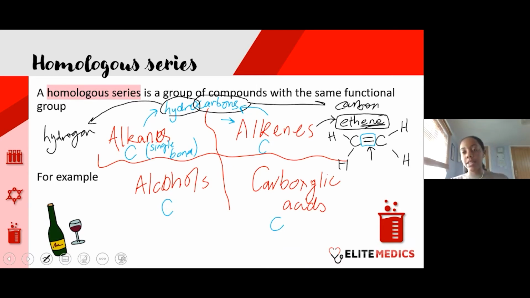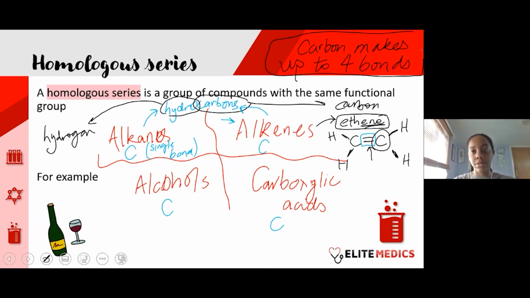And so this means that a single carbon can only bond with 2 more hydrogens, okay, which is why our ethene looks like this, okay? So remember, if there's anything that you take away from how to draw any kind of thing in organic chemistry, is that carbon makes up to 4 bonds. Okay, I'm just going to keep that in the corner there.